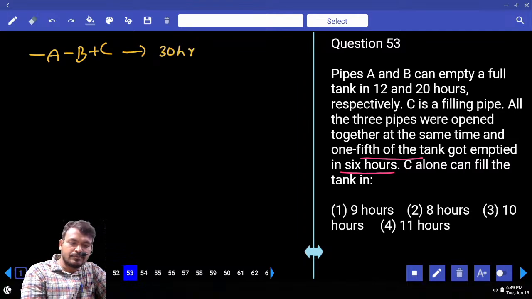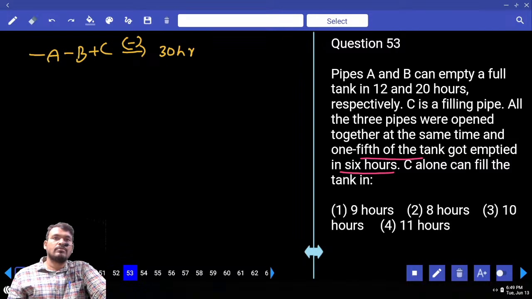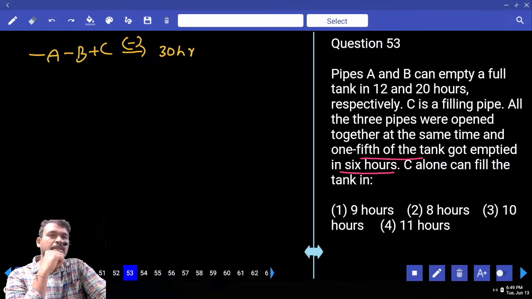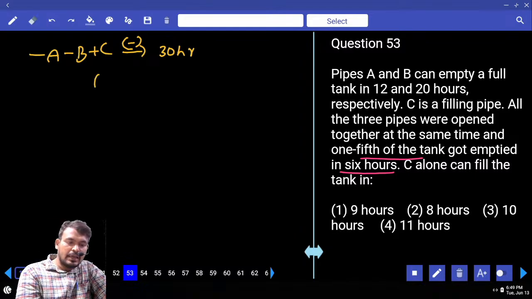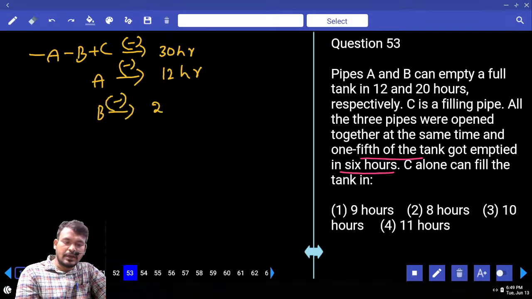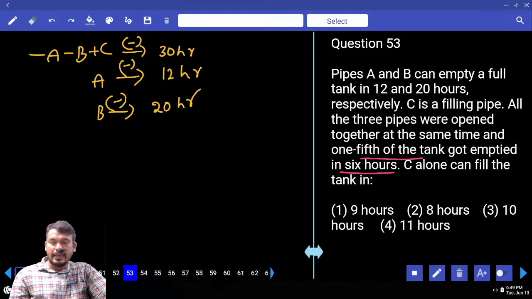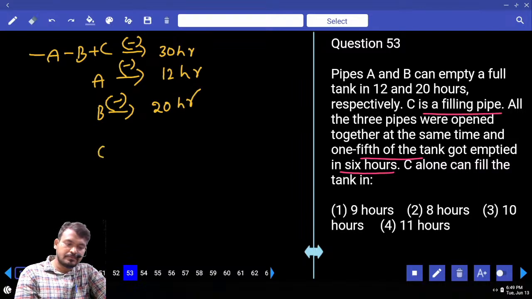Negative or positive? Negative. If all the 3 pipes function together, it will be emptied in how many hours? 30 hours. Only A alone can empty the tank in how many hours? 12 hours. Only B alone can empty the tank in how many hours? 20 hours. And C is only a filling pipe.